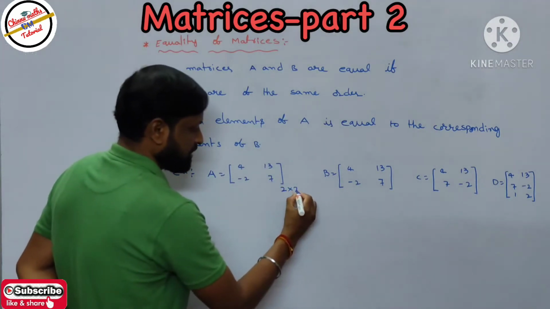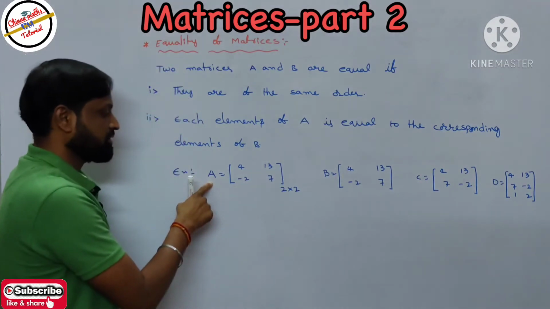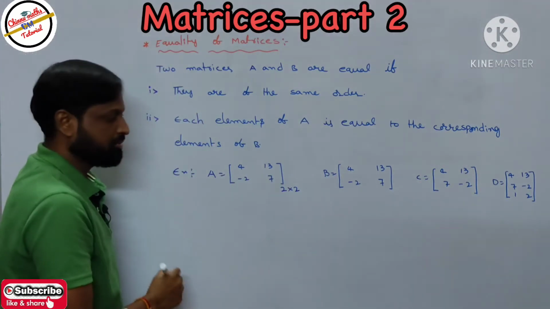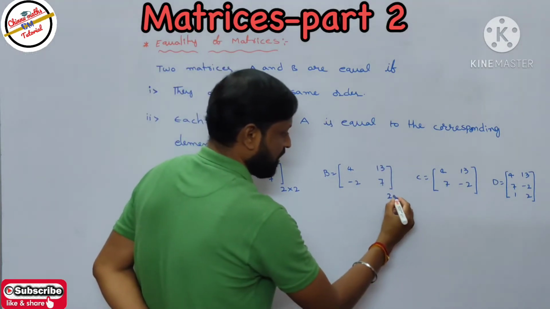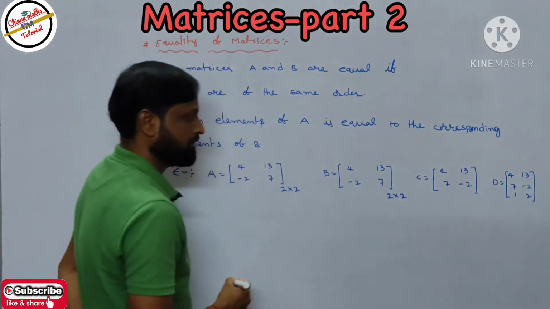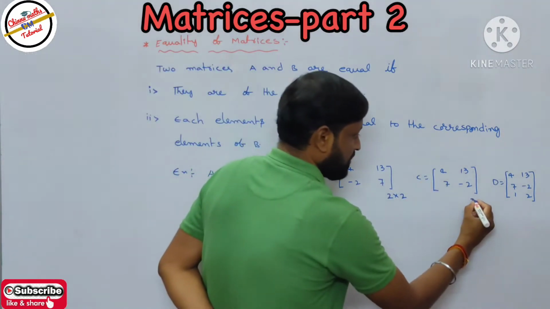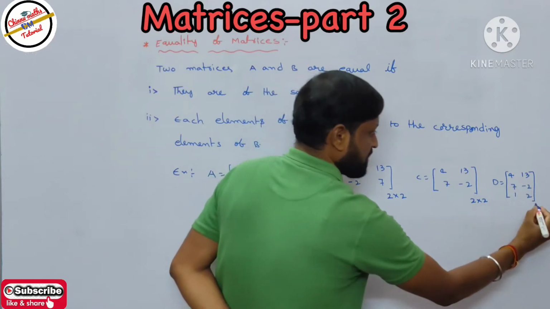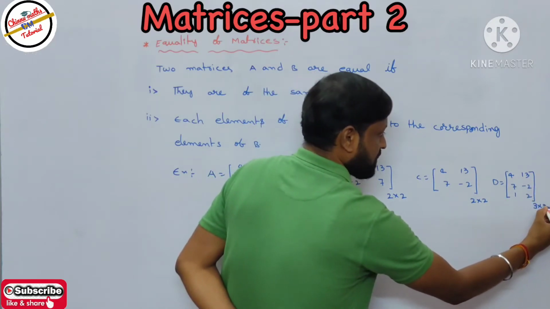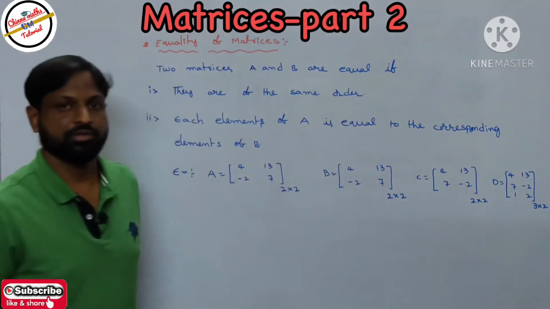So the order of matrix A equals 2 by 2. Similarly 2 rows and 2 columns, so the order of matrix B equals 2 by 2. Similarly the order of matrix C equals 2 by 2. Here 3 rows and 2 columns, so the order of matrix D equals 3 by 2.